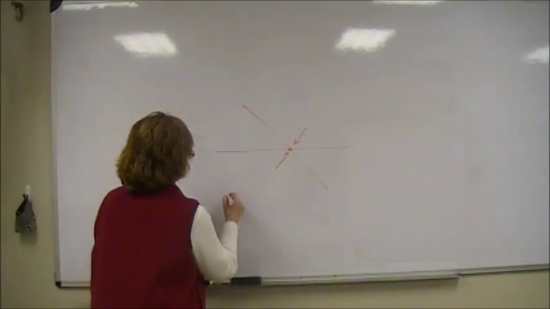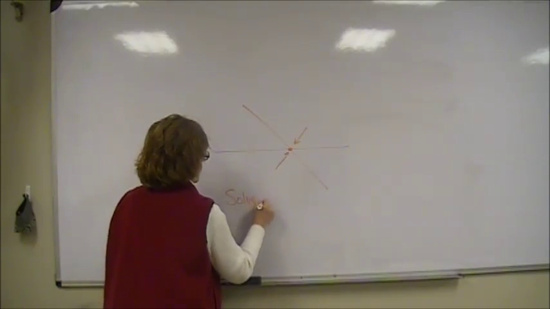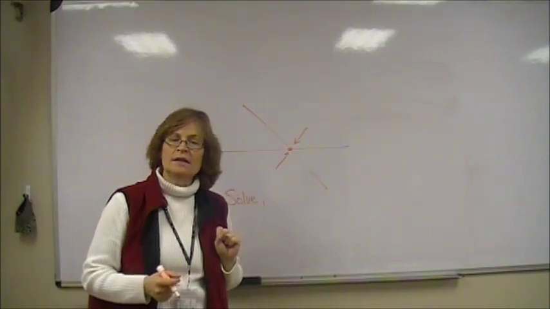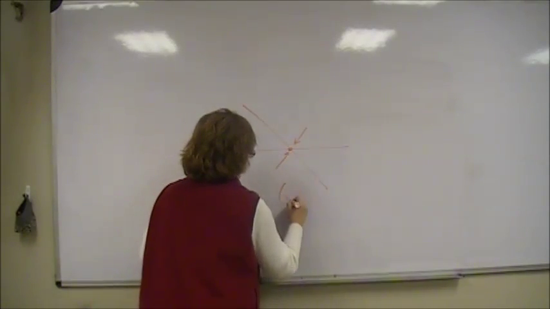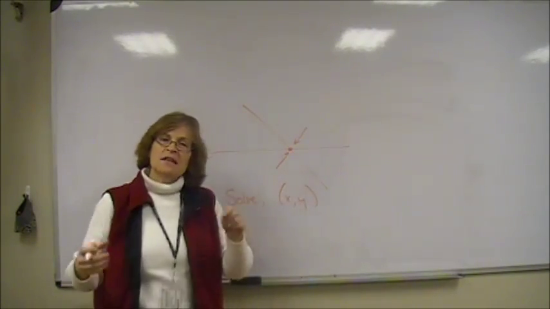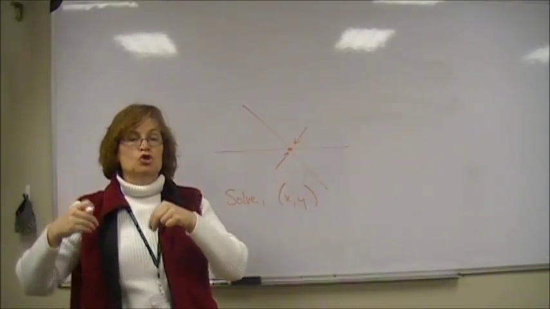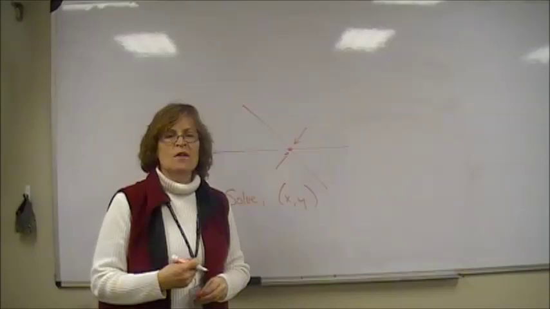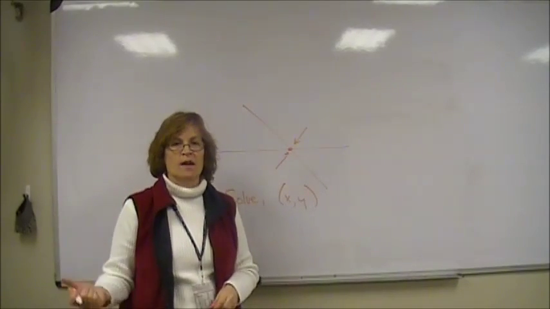So when they say solve a system of equations, that means we are looking for the point, which is an ordered pair, x comma y, that makes both equations true. The first way is graphing.